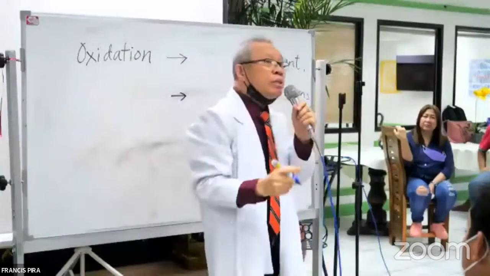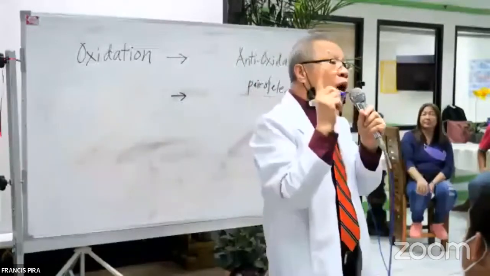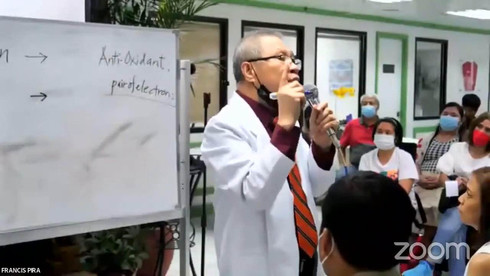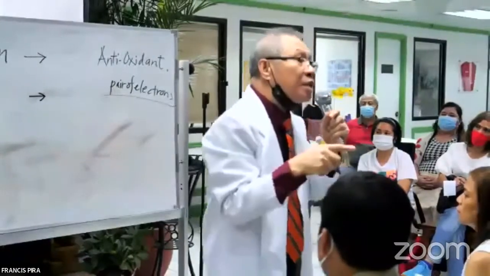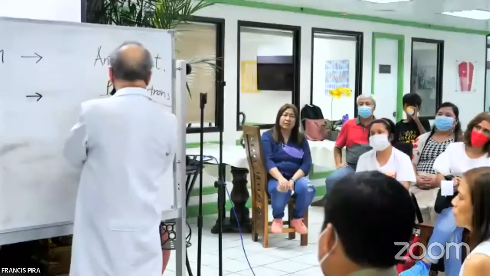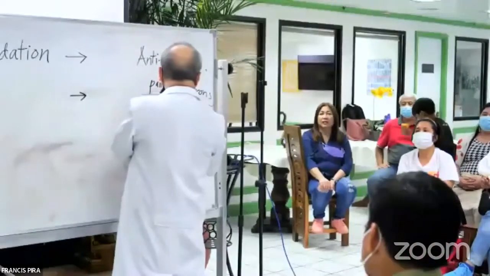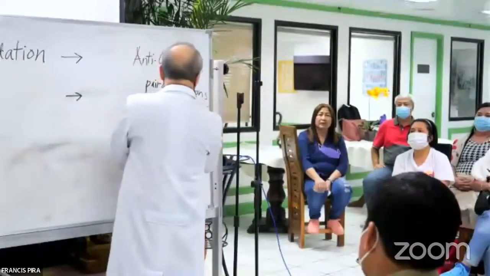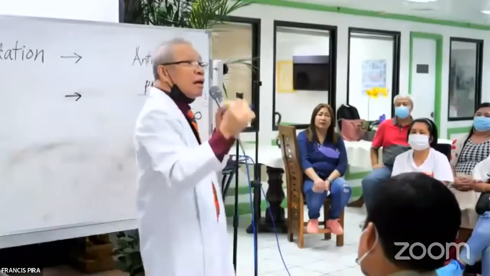All atoms have pairs of electrons. For example, carbon has 6 protons and 6 electrons. So 6 protons are positive, 6 electrons are negative. So 6 minus 6 equals 0. That's why a molecule at ground level is neutral.